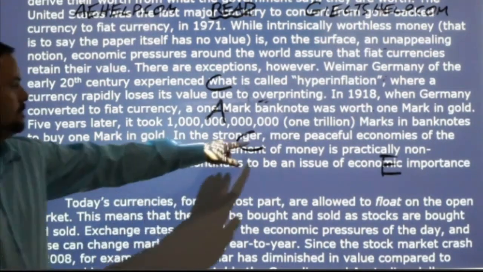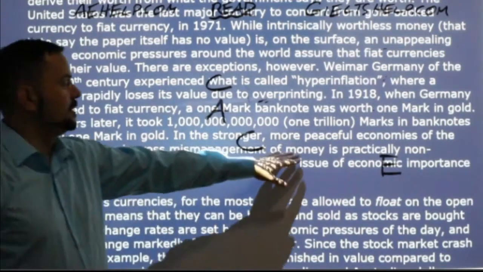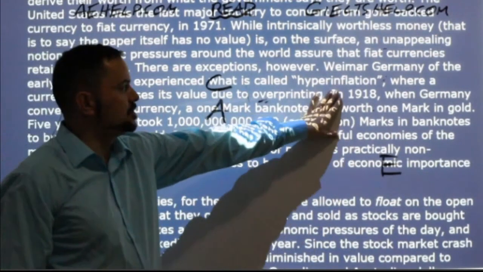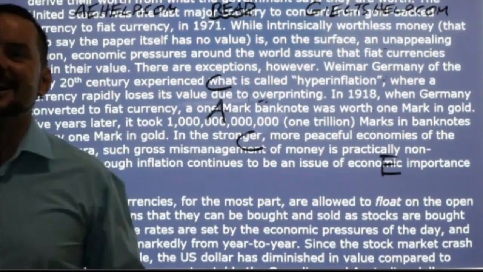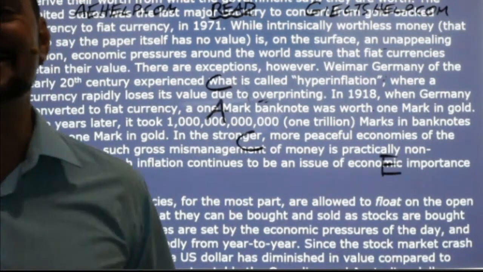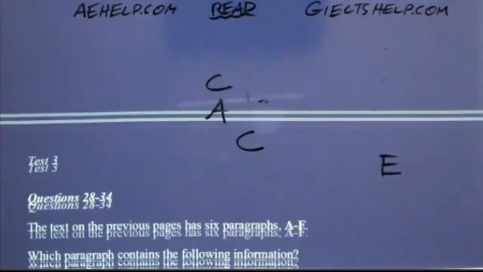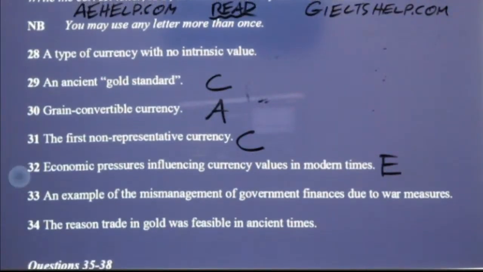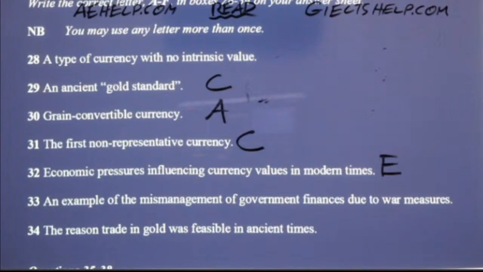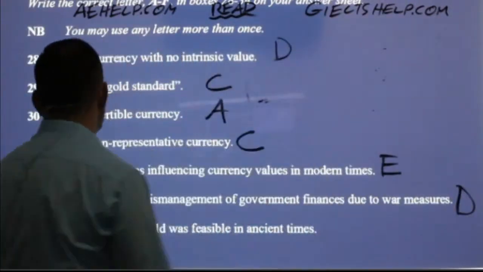So this is definitely showing me an example of mismanaging money, right? Hassan says, yeah, I remember the 1 trillion. That's a pretty bold number. So it looks like D is the right answer, right? D, it's that one, I believe.